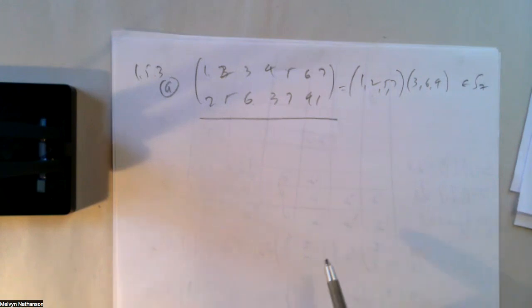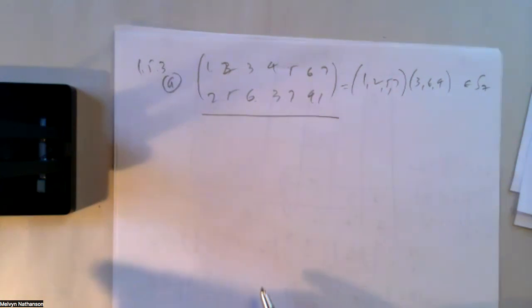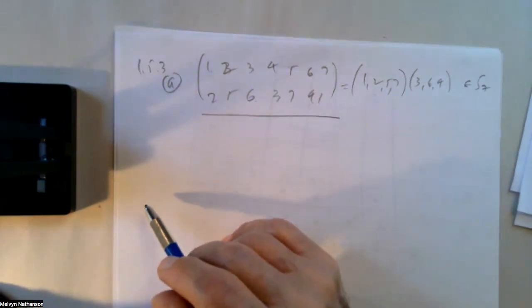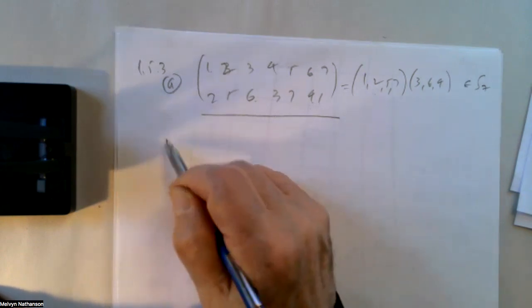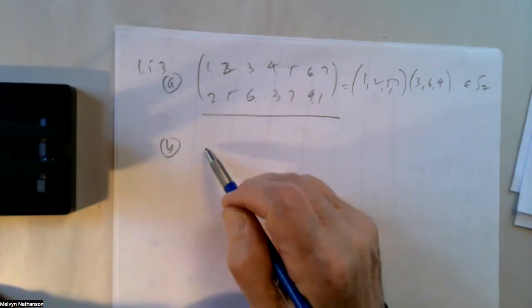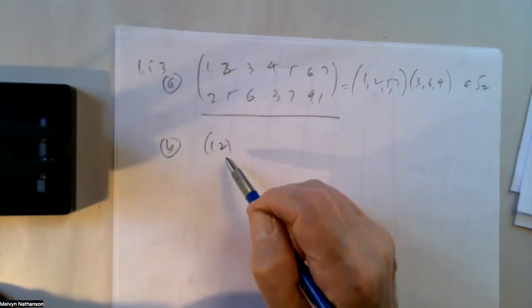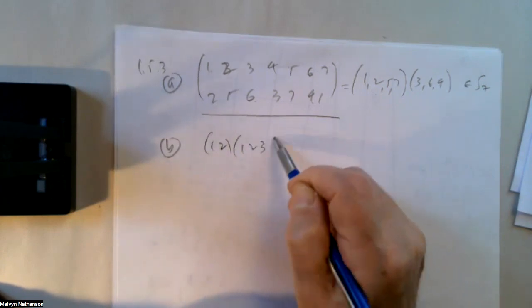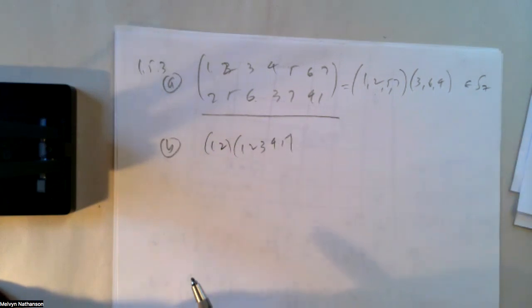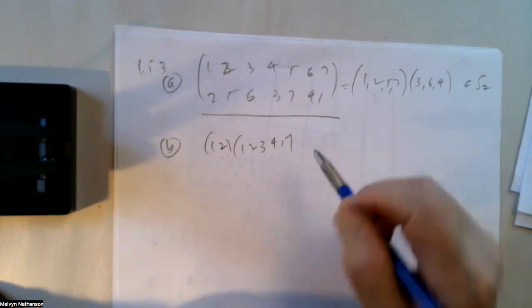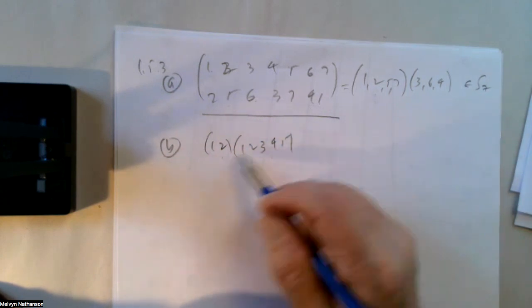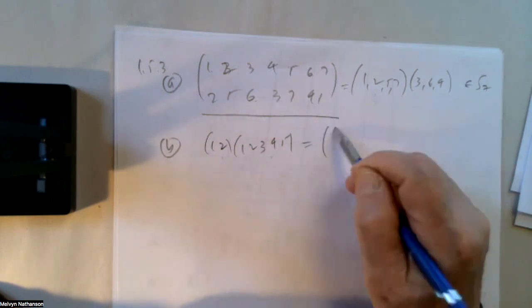Okay. Let's look at part B. I have a 2 cycle and a 5 cycle. These are not disjoint because 1 and 2 are in both of them, but this is still some permutation of 1 through 5.